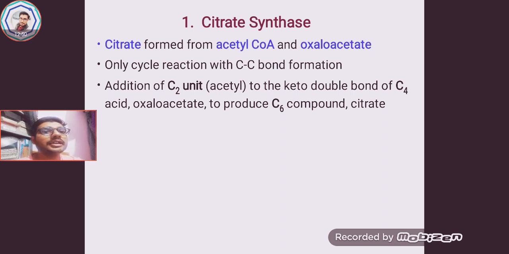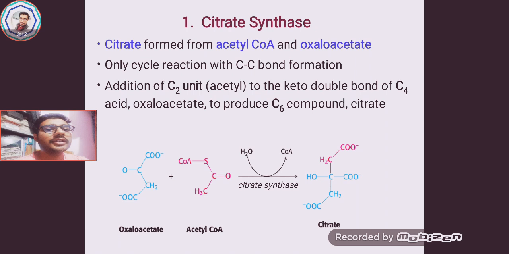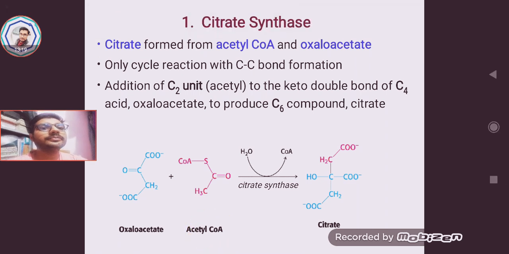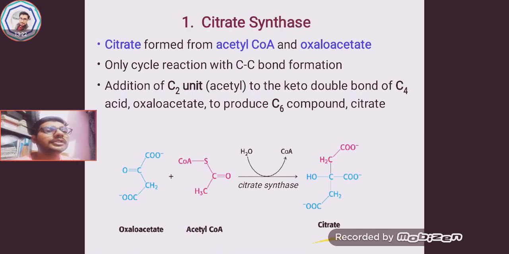It is the only cycle reaction with C-C bond formation, because we have seen that a 2-carbon acetyl group is attached to the 4-carbon unit of oxaloacetate to produce a 6-carbon compound, which is called citrate. Here you can see the reaction. Oxaloacetate is reacting with acetyl coenzyme A to form citrate.